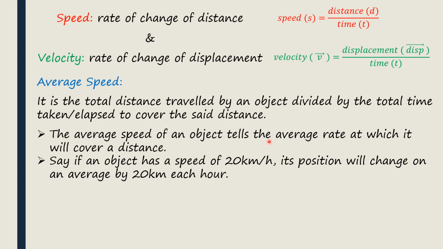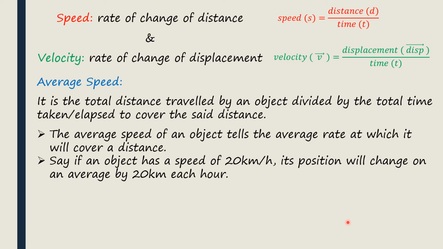Say an object has a speed of 20 kilometer per hour. Let us say that the speed of an object is 20 kilometer per hour. Its position will change on an average by 20 kilometer each hour.